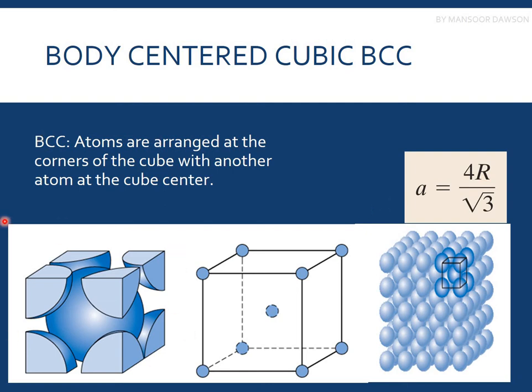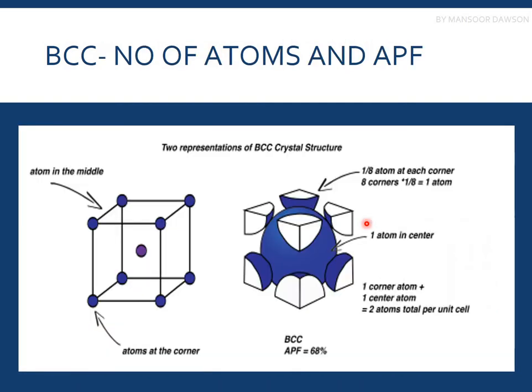So there is a lot of geometry involved over here, which we'll be discussing in another video. So now let's find out the number of atoms in the BCC crystal structure. But before, you can see over here that in BCC the APF is 68%.